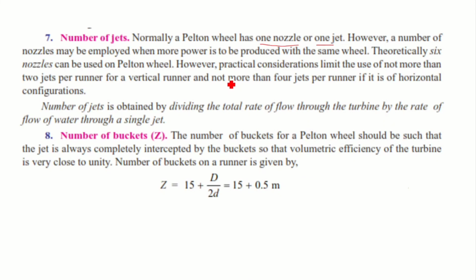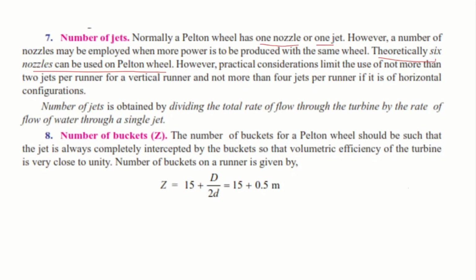So if you want to produce more power, we need to provide more than one jet. Theoretically, six nozzles can be used in a Pelton wheel. It depends upon whether it is a horizontal turbine or a vertical turbine.